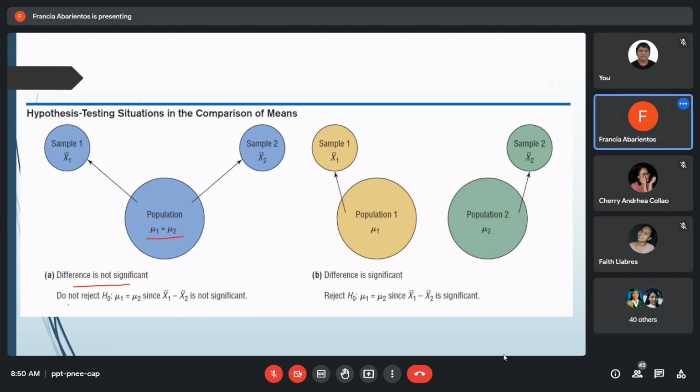So, we do not reject HO. And another one, the difference is significant, so we automatically reject the HO. So some of the researchers, as usually, hire a statistician so that hindi na sila mamumroblema pagdating dito. But here in our subject, since we have engineering data analysis, we need to perform this.